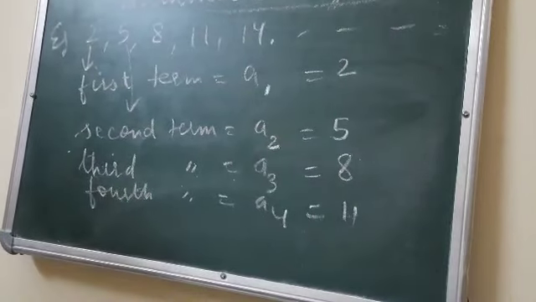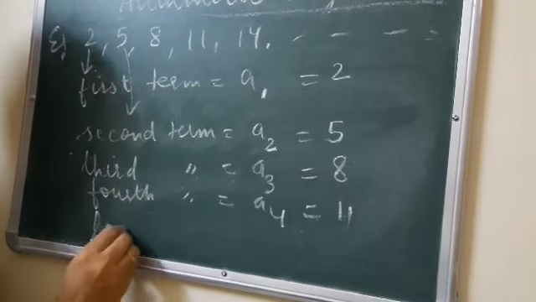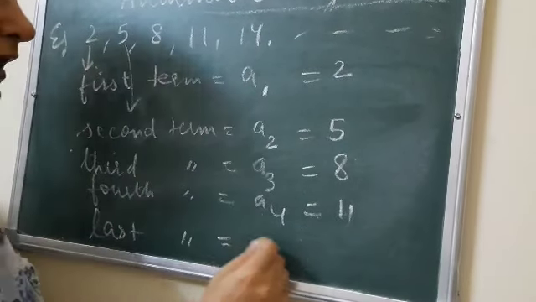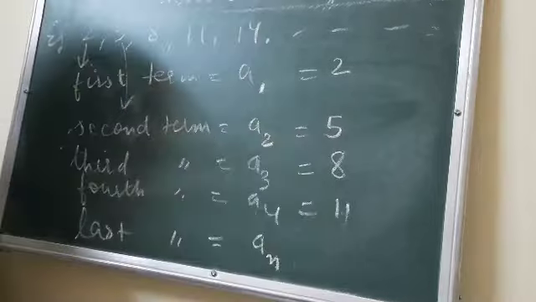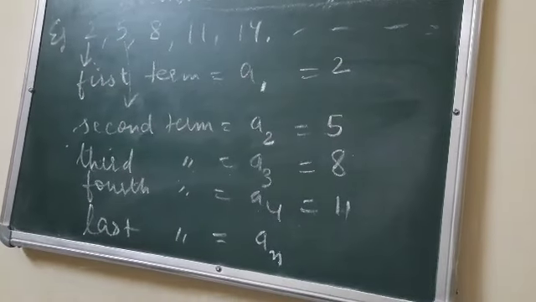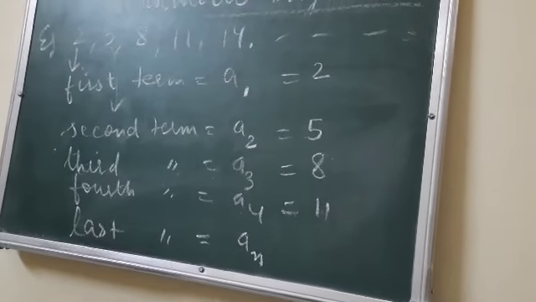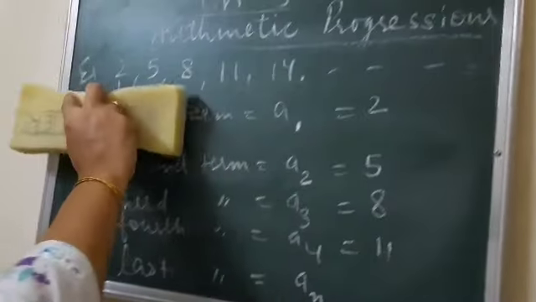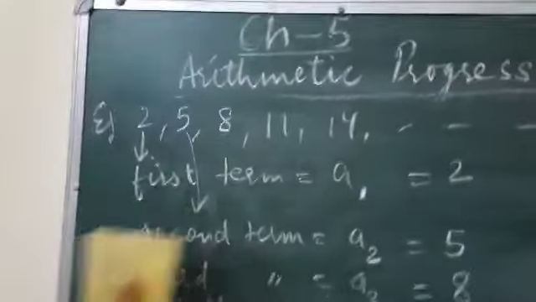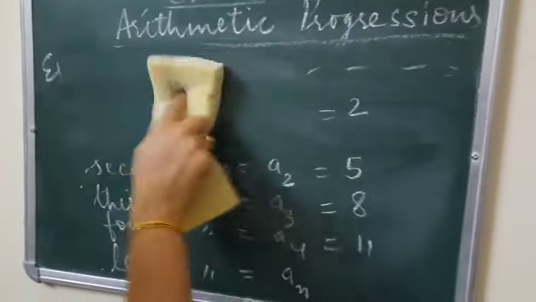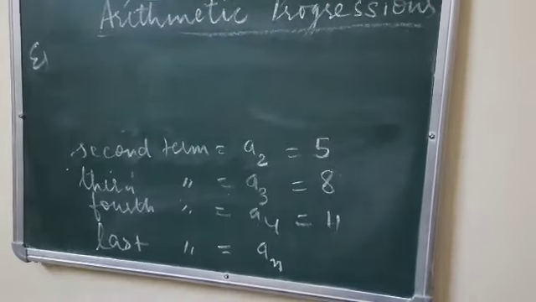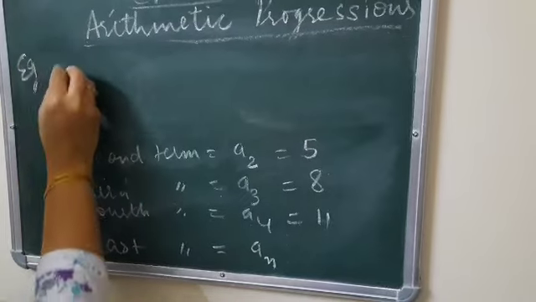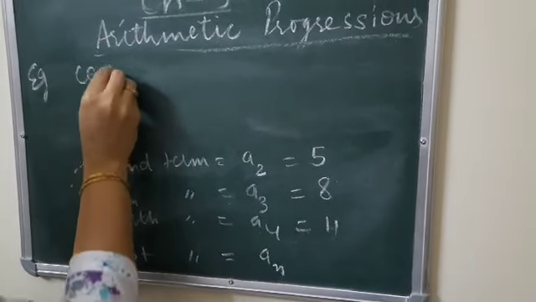Right? The last term is called an. What is the last term called? Last term is called an. And the fixed difference between two consecutive terms is called the common difference.